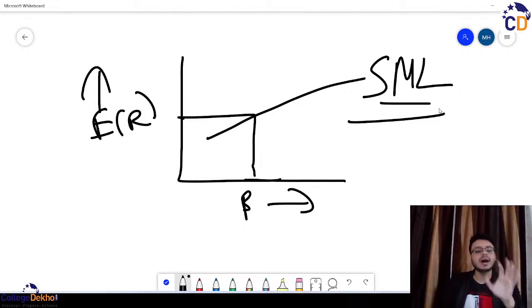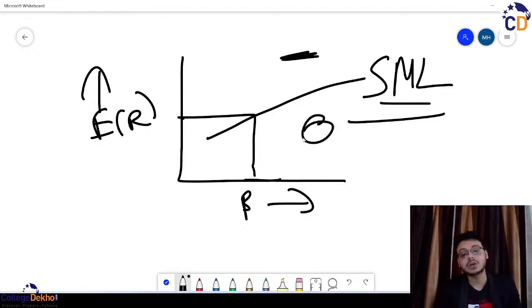That's a security market line. We're trying to derive a graphical representation from the CAPM model in the form of an SML. And we further talked about how securities above the SML are undervalued and securities below the SML are overvalued. And this we tried to understand.